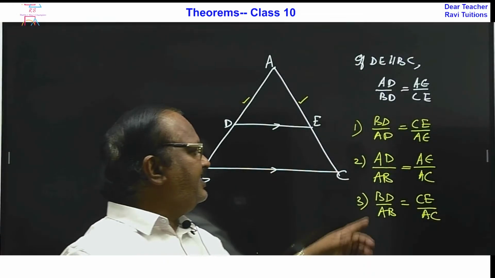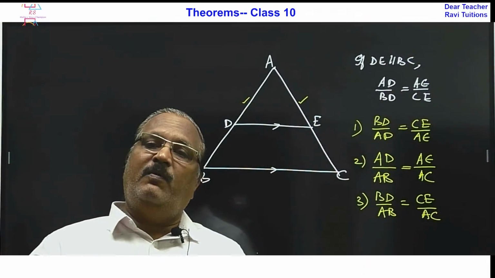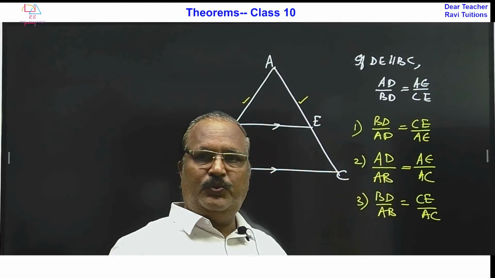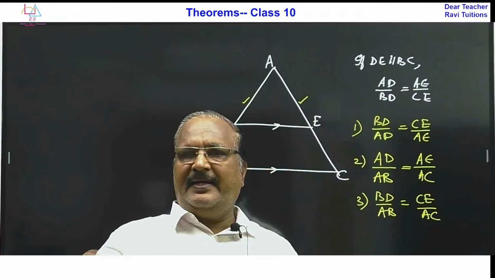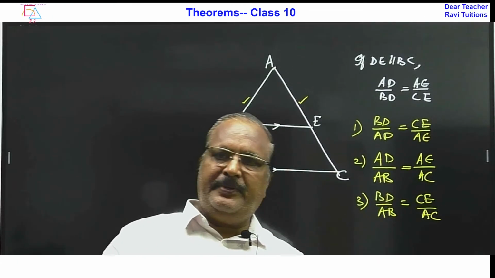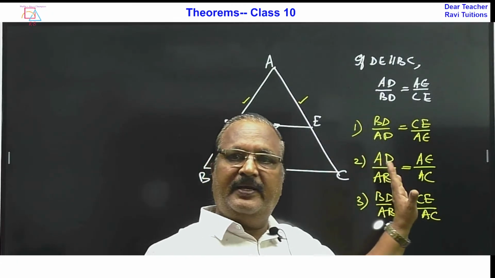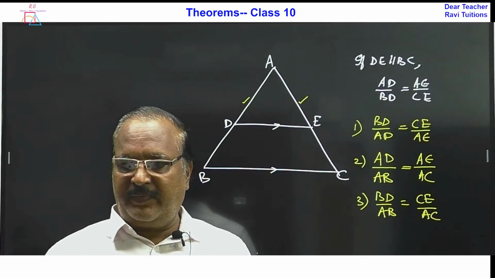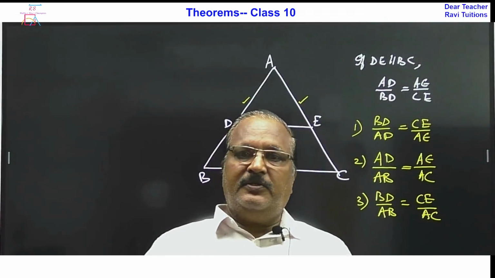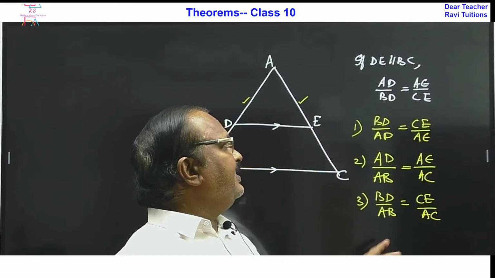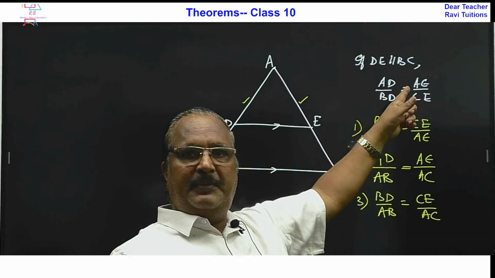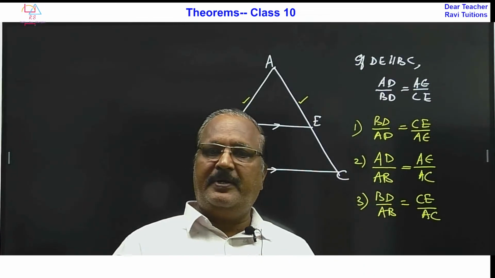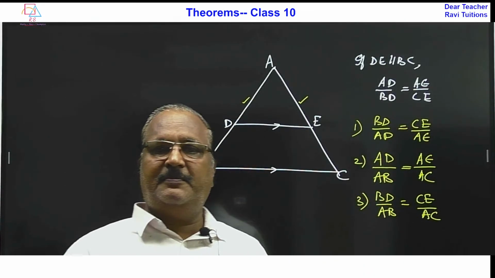Even this is also the basic proportionality theorem. Whenever you need these two, without proving, you can directly write this and apply it in any question. So don't think that only this is the basic proportionality theorem. Even these three things come under it.